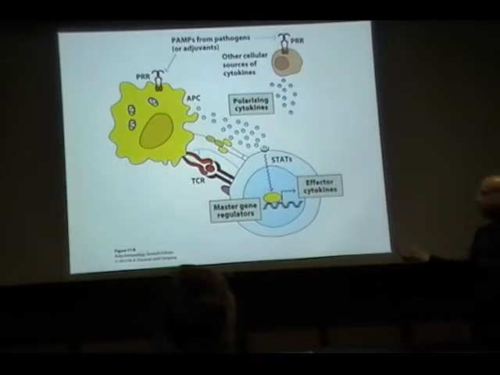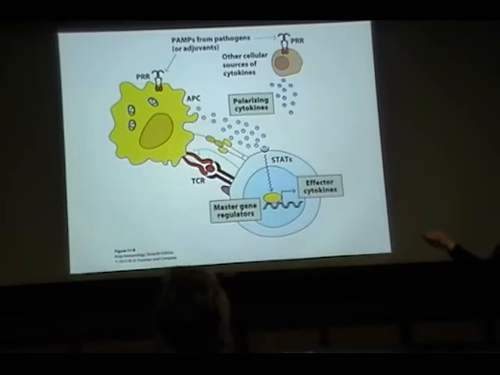This antigen-presenting cell makes it into the lymph node. It finds its cognate T cell, and now it's spewing out a subset of the cytokines it's capable of making. And the T cell is getting that information saying, okay, it's a virus. No, it's a parasite. I'm going to need eosinophils, or I'm going to need macrophages, or I'm going to need whatever I need. So these cytokines being made by this antigen cell are unique.